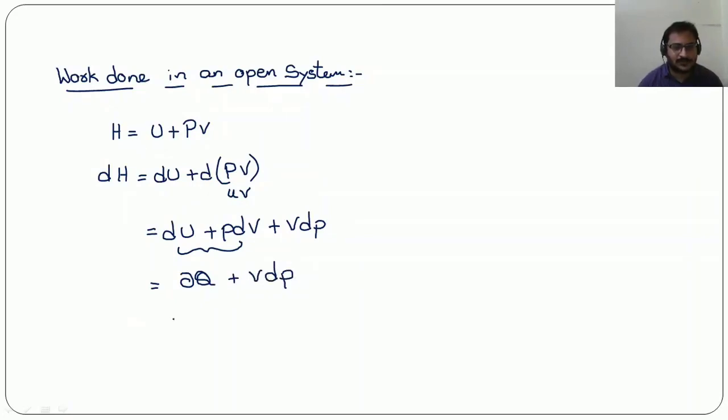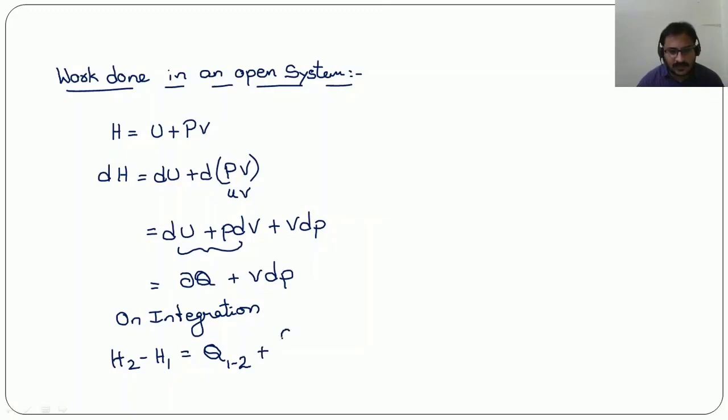Now on integration of this expression, H2 minus H1 is equal to heat transferred during process 1 to 2 plus integral 1 to 2 VdP we are going to get.